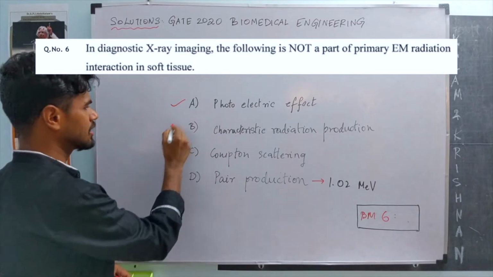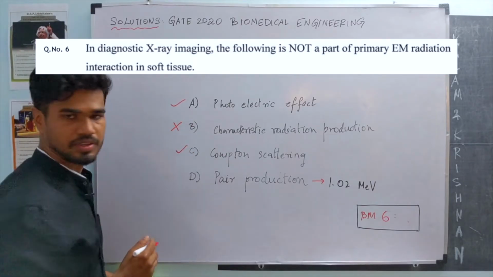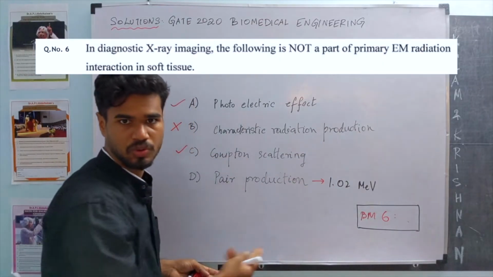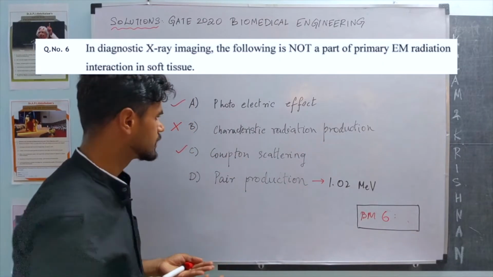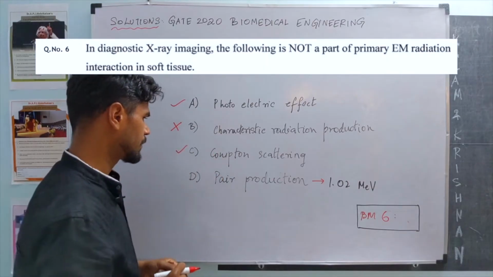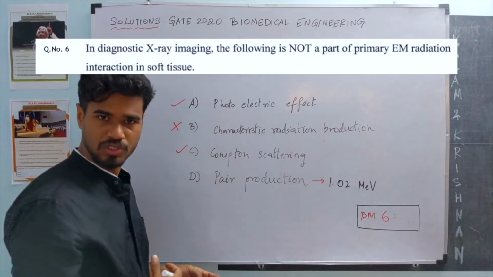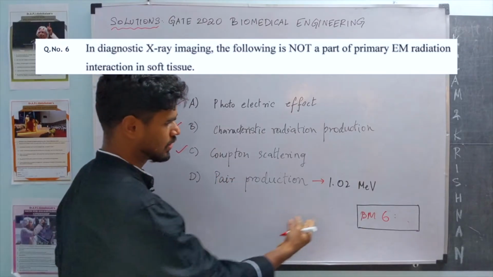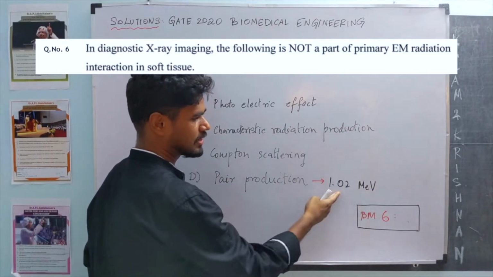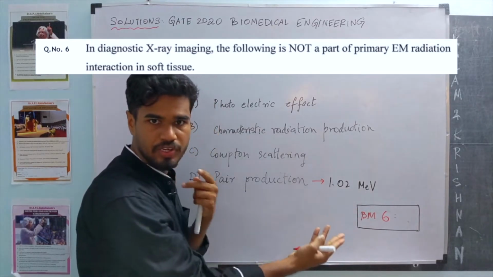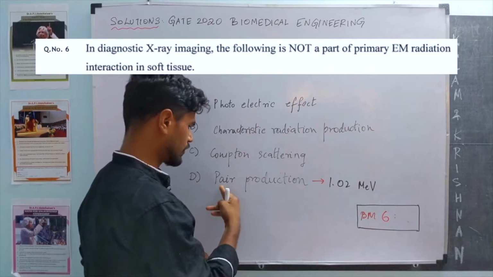And there is no characteristic radiation in interaction with soft tissues, because this is what happens at the cathode where the X-rays are generated. So this does not happen for sure. As far as pair production is concerned, most X-ray emissions operate at a lesser energy, right? We need at least 1.02 million electron volts of energy for this to happen.